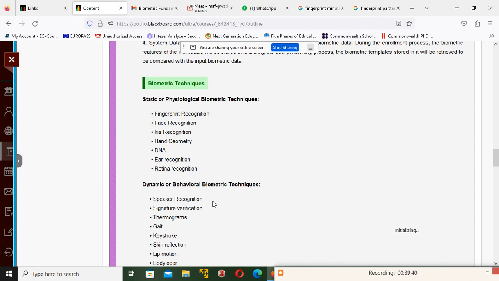All these things are resolved, and then they are stored in the database. For example, if you take facial recognition, when the biometric system is capturing it, it will take a facial picture, but it takes the facial picture by resolving each of the facial components.